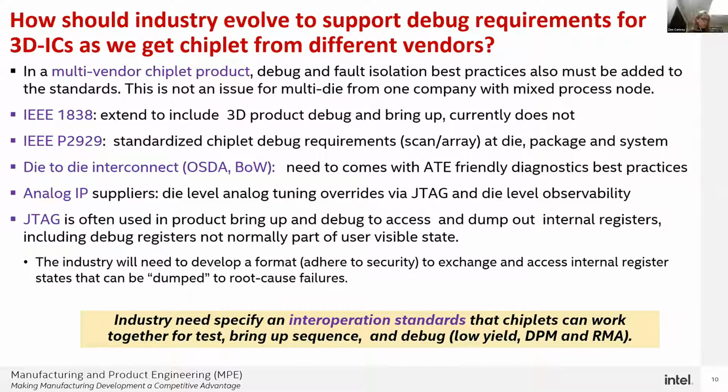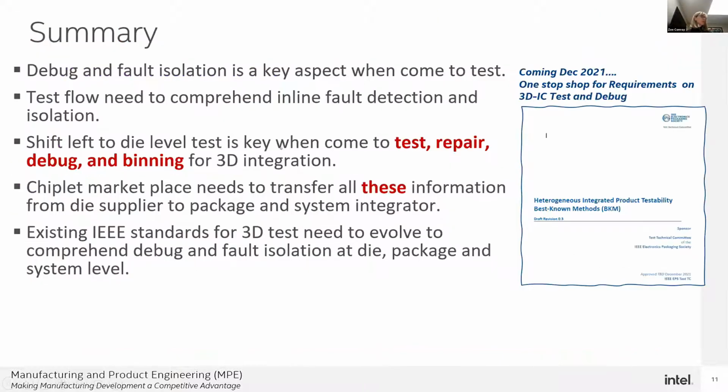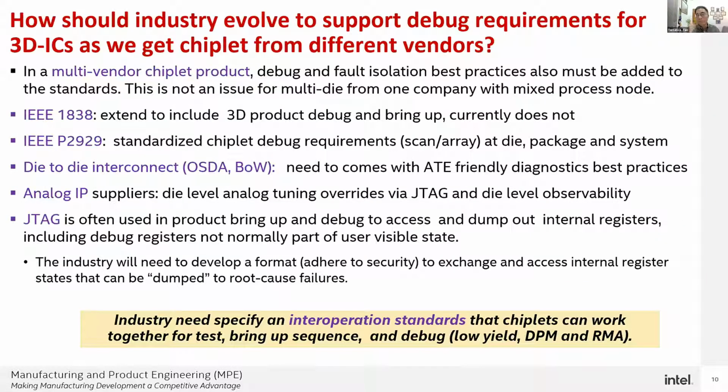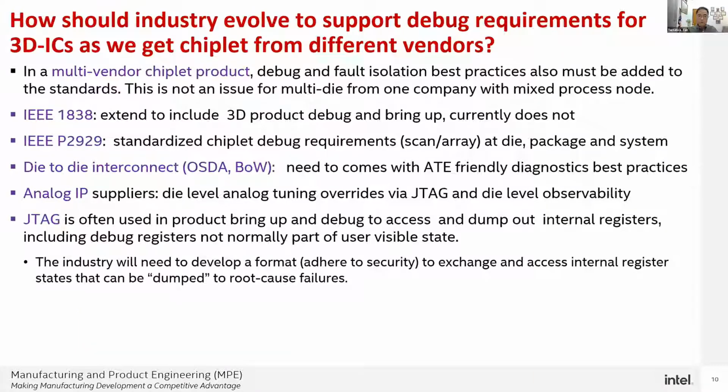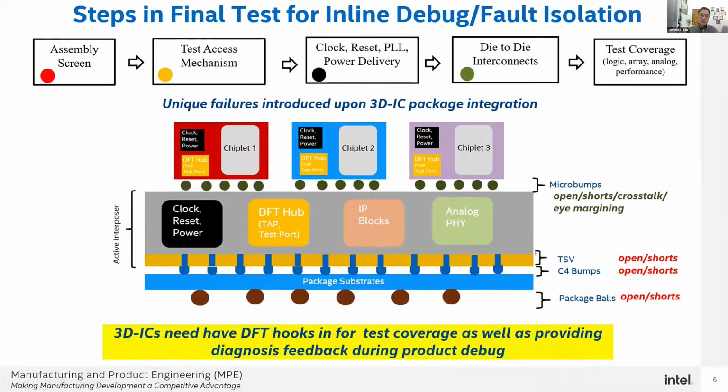Okay. Yeah. Thank you. You also mentioned in your summary that existing standards need to change. Can you elaborate on what changes should be recommended to those standards? Yeah, I think if you look at the standards, it's more toward how the interoperation works, right? So, for example, today we have standards to access all these boundary scan test boards, JTAG test boards.